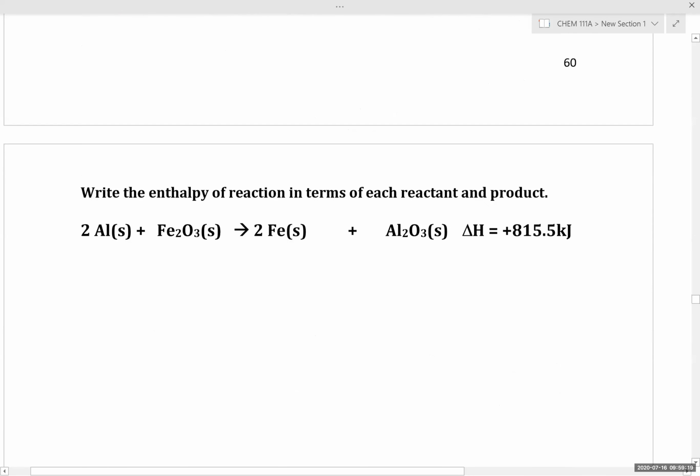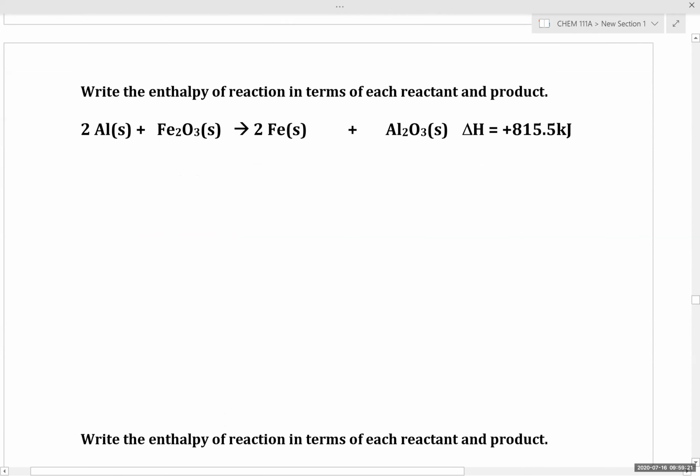Let's look at another example, and let's try to write the enthalpy of reaction in terms of each reactant and product. So for example, if our general enthalpy is 815.5 kilojoules, then the delta H reaction, let's write in terms of aluminum first.